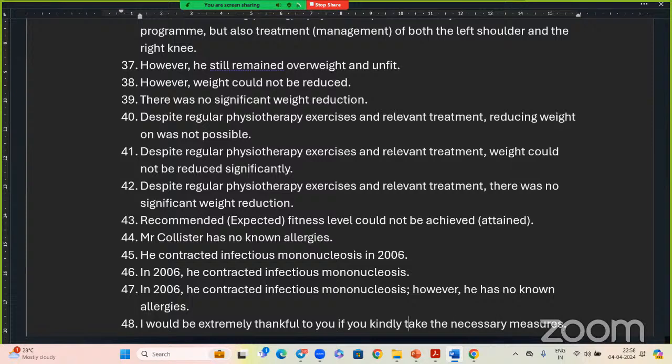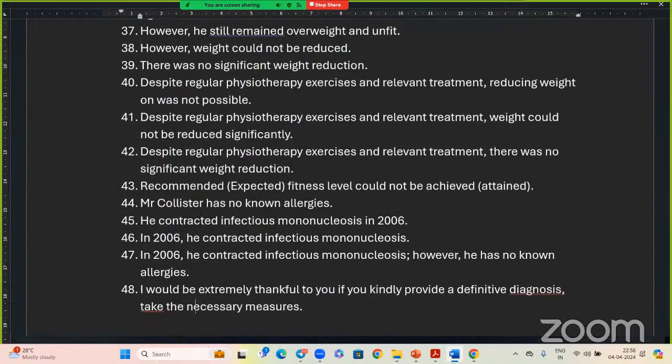If you kindly provide a definitive diagnosis, kindly provide a definitive diagnosis.